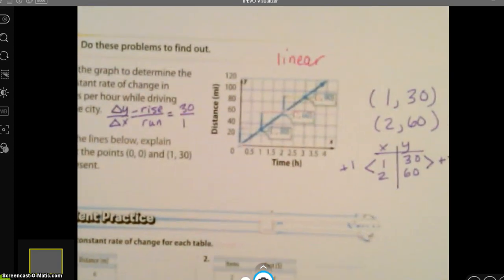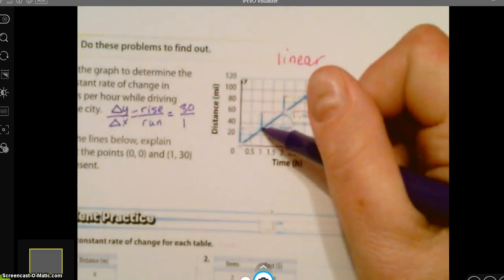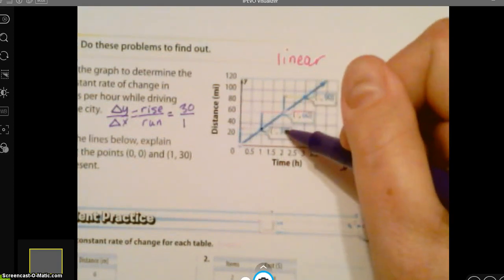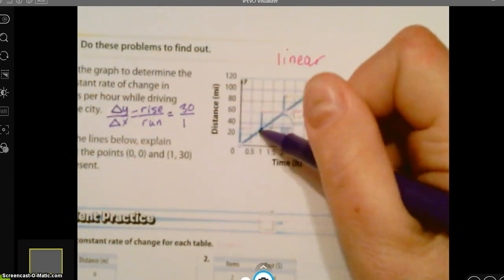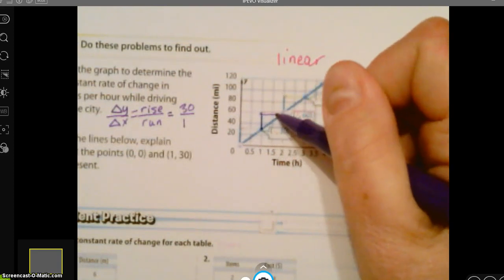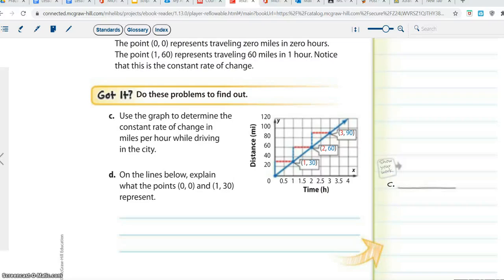Now, if I'm doing this on a graph, I'm just going to count up and over. I would count from right here, which I know it's hard to tell, but that's at point 30. It's telling me that 1 comma 31, over 30 up and over. So I'm going to go back to where I can see it.